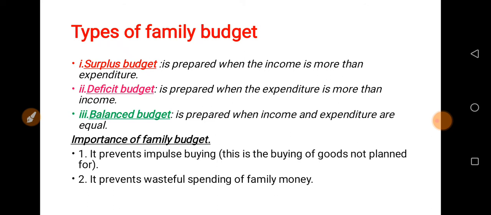Now, what are the importance of family budgets? One, it prevents impulse buying. What do you mean by impulse buying? This is buying of goods not planned for. For example, let's say you're going to the market.